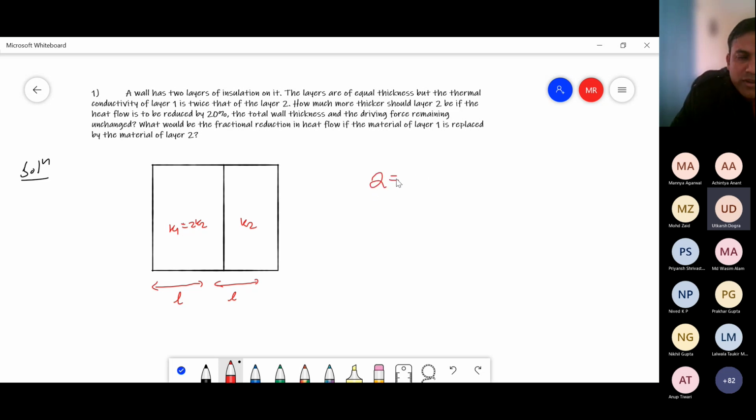The rate of heat flow Q in this case will be given by delta T divided by L by K1A plus L by K2A. Isn't it? This is the equation.